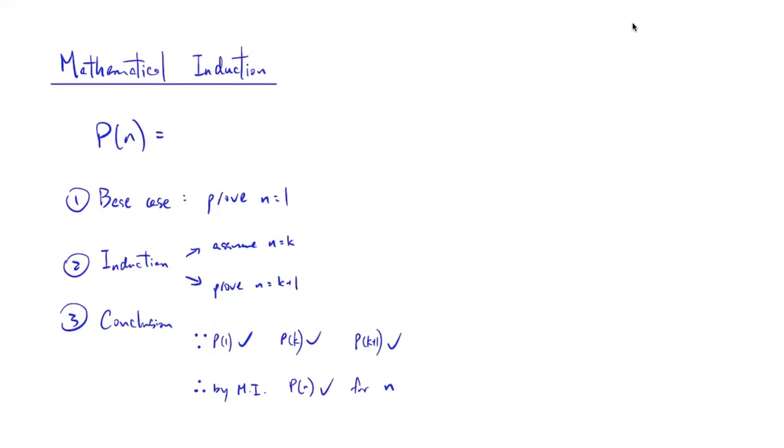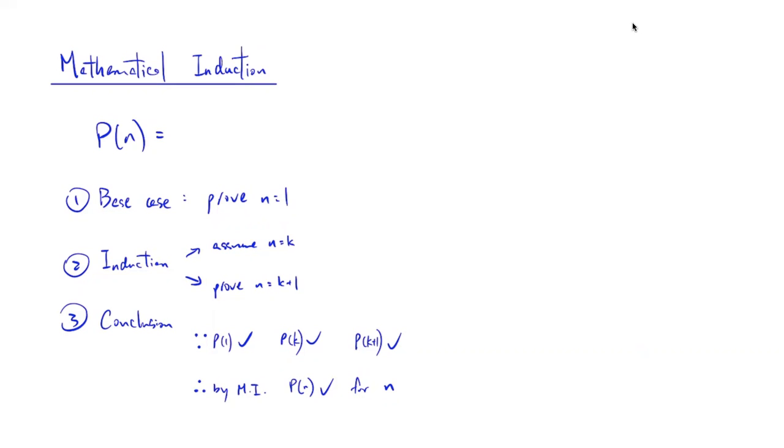So we can think of mathematical induction as like the domino effect. In the base case, we're saying that at least one domino will fall. And in the induction step, we are first assuming that any arbitrary domino will fall, and we are proving that the neighboring domino will fall.